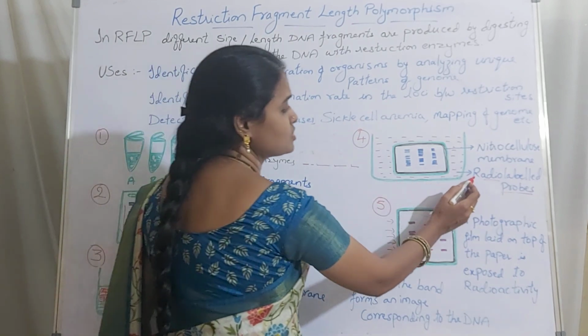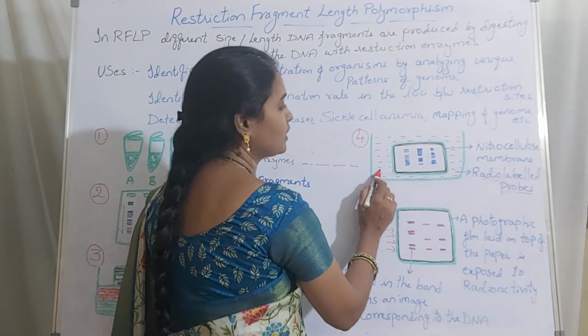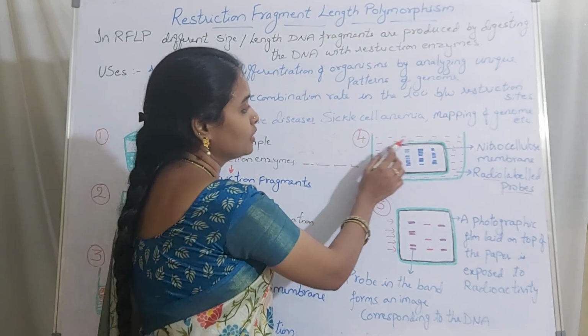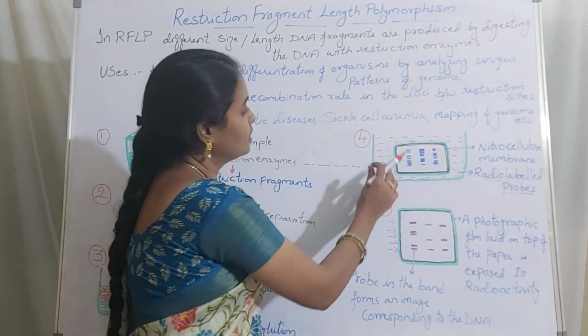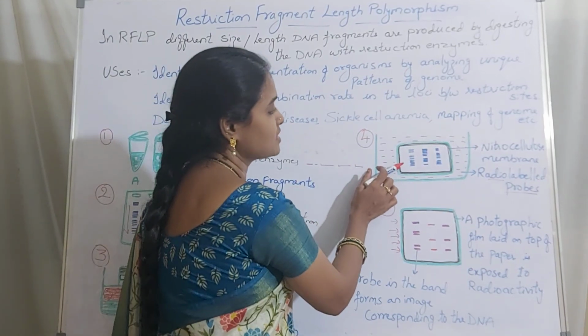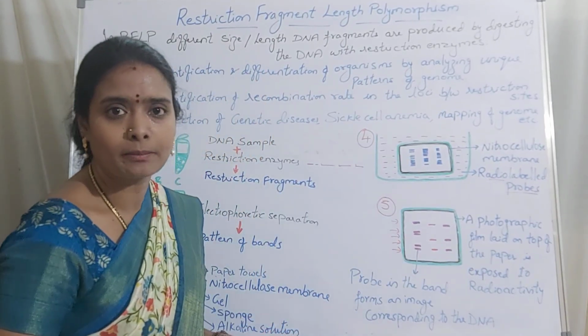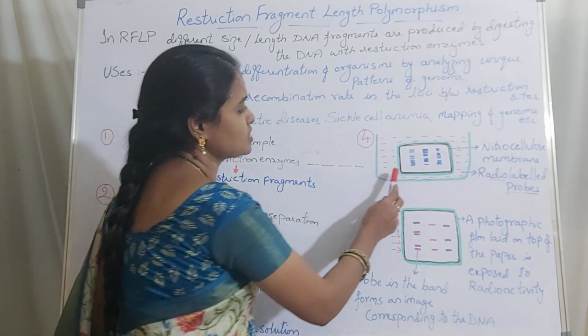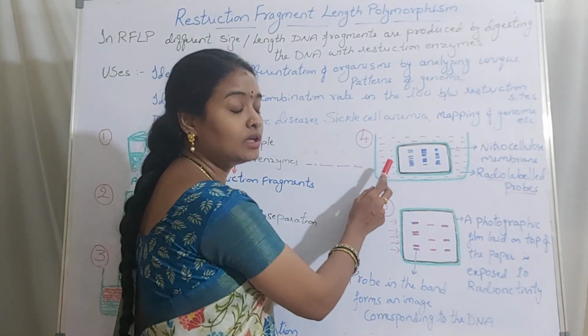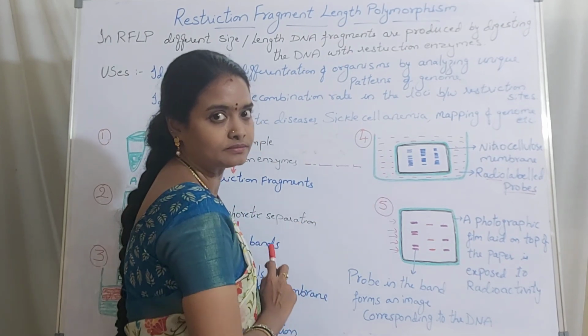Those radio labeled probes are placed inside a plastic cover or a box, along with this nitrocellulose membrane. So now the nitrocellulose membrane is completely immersed in the radio labeled probe solution.